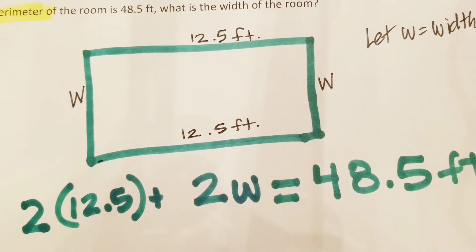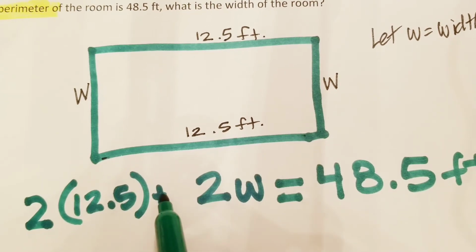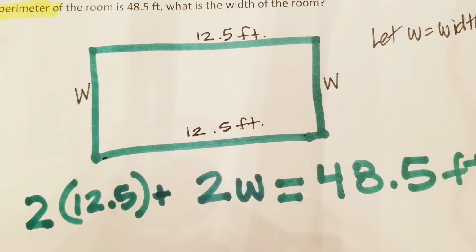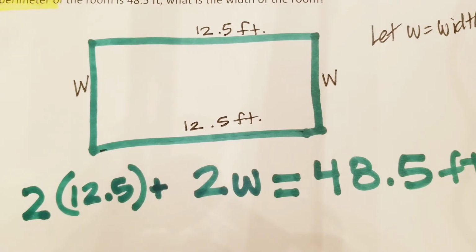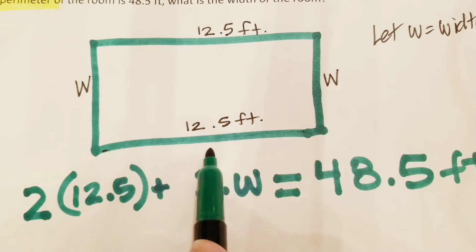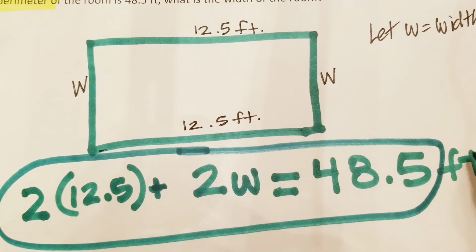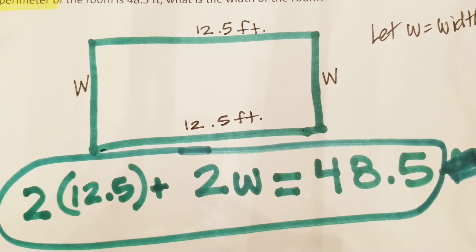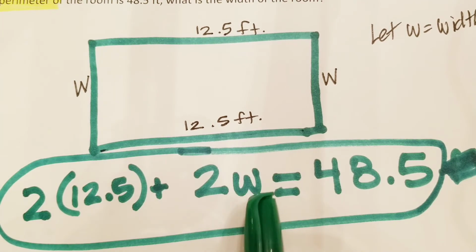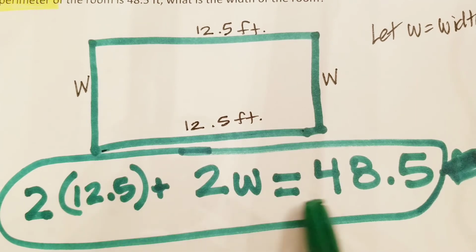And then that's all they're looking for. They're just looking for the equation. You don't need the feet in there yet. We're not solving for feet, we're just solving for width. So this would be your equation.